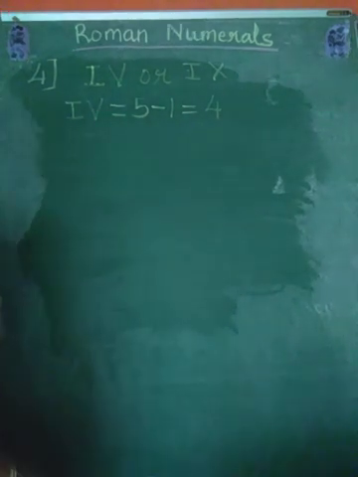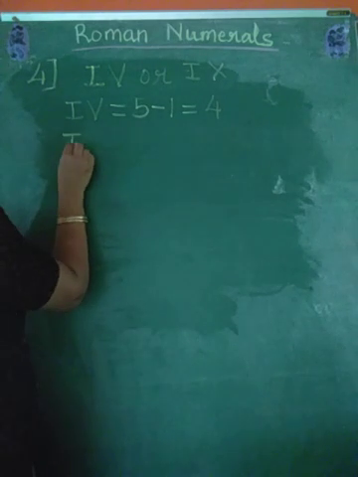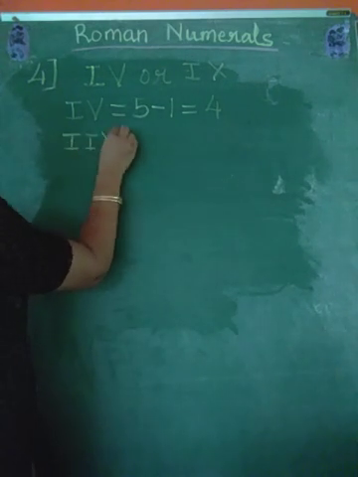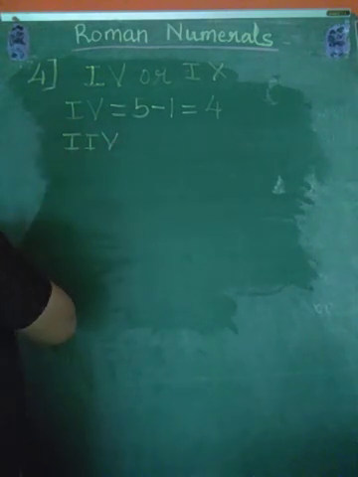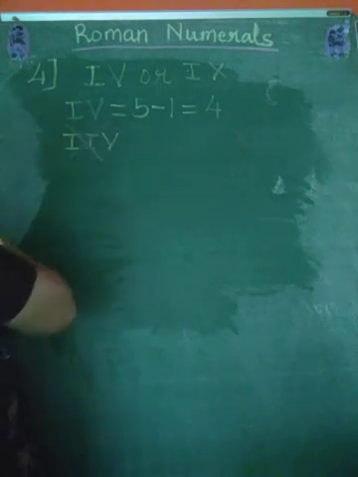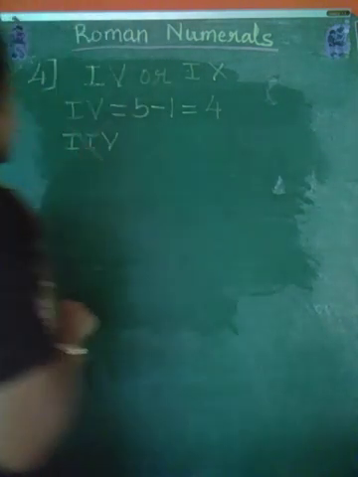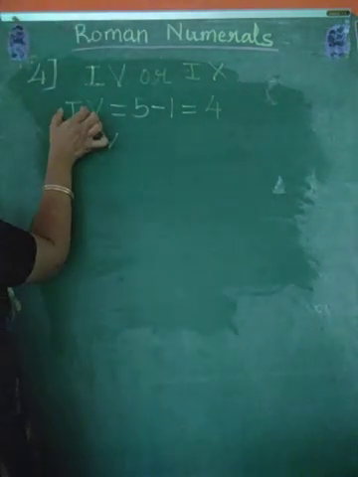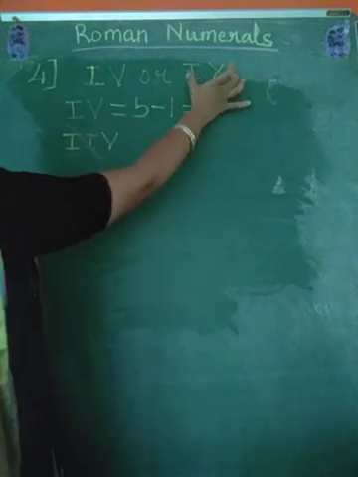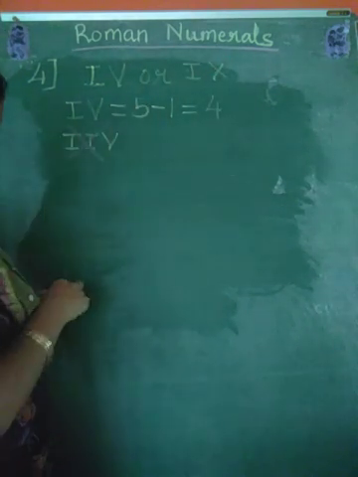Now let us see. We cannot write like this, IIV. This is wrong. So we cannot write like this. We can write I only once. Now let us see with respect to X now.